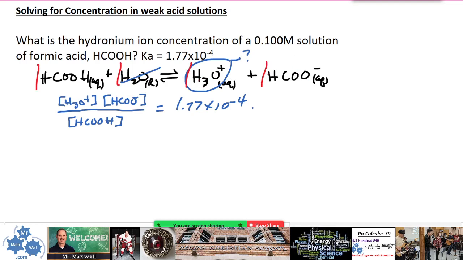So as this acid dissociates and breaks apart, it's going to form the same number of moles of this and this. So whatever breaks off of here, a little amount is going to dissociate, the concentrations of the ions, 1 to 1 ratio here. So this is going to start off as, let me just make a little space here.